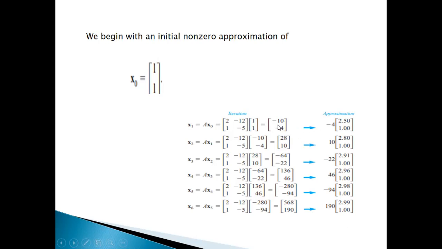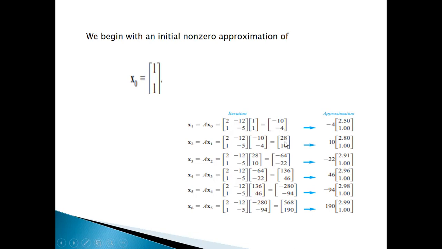Minus 10 by minus 4 will give 2.50, and minus 4 by minus 4 gives 1.00. So from the largest value to the lowest value, we have scaled by dividing by the common factor, taking it outside the matrix, and this number is commonly divided for both values inside the matrix.